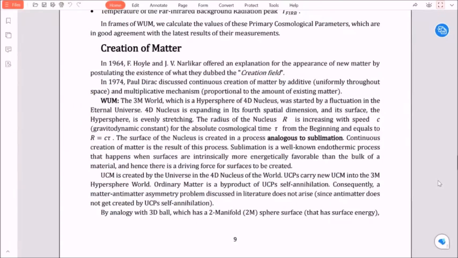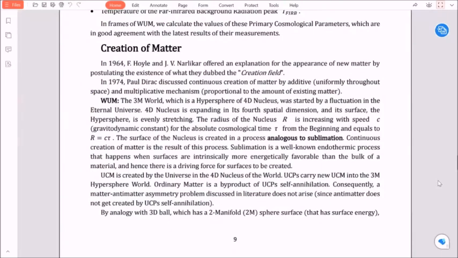WUM. The world, which is a hypersphere of a 4D nucleus, was started by a fluctuation in the eternal universe. The 4D nucleus is expanding in its fourth spatial dimension, and its surface, the hypersphere, is evenly stretching.